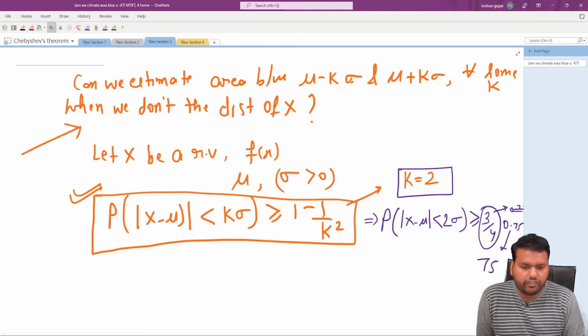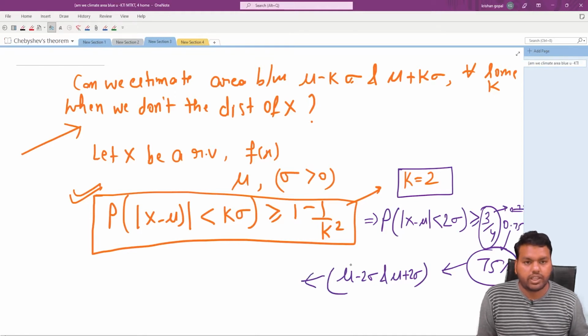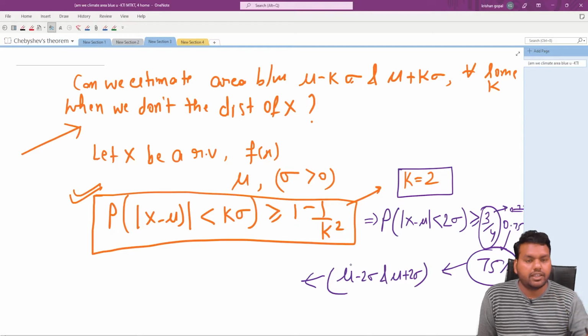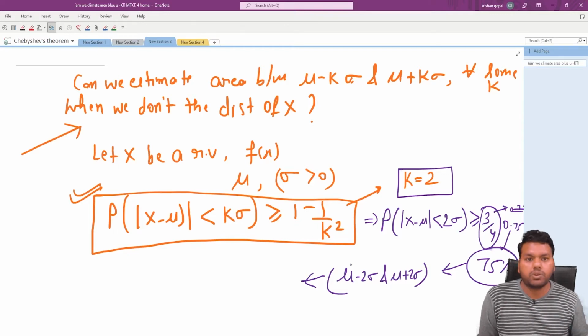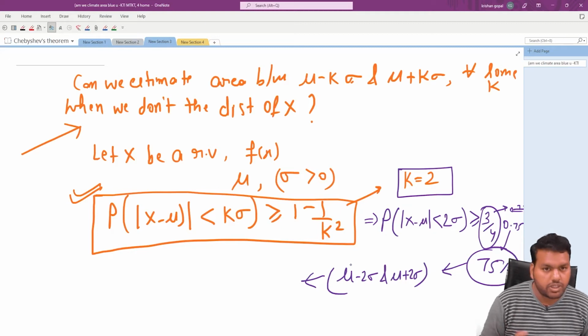That is, at least 75% of the values lie between mu minus 2 sigma and mu plus 2 sigma for a distribution which we don't know. Our data may follow any distribution and we have no idea about it, but we want to know what percentage of our data lies between two values. For that we need this Chebyshev inequality.